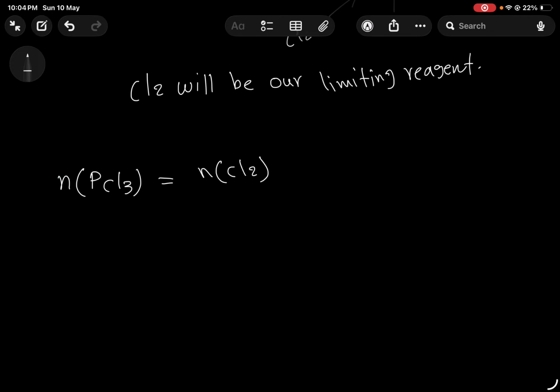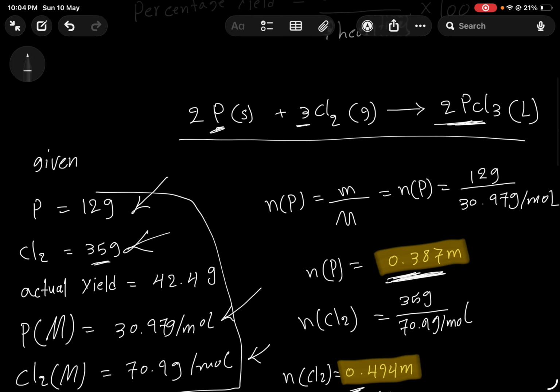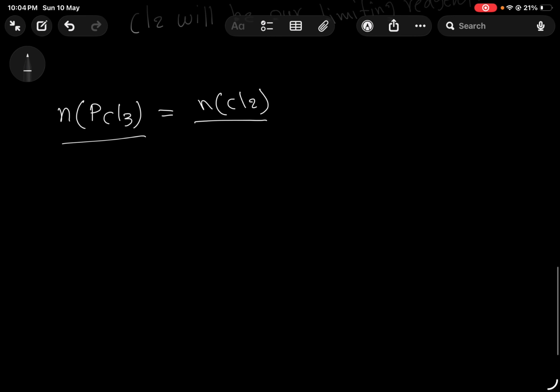These two are divided by their coefficients, which are in the formula. The coefficient for Cl2 is 3 and for P is 2.